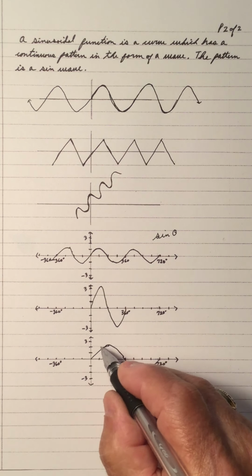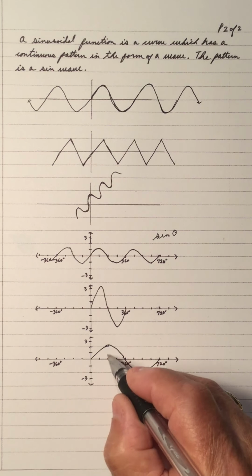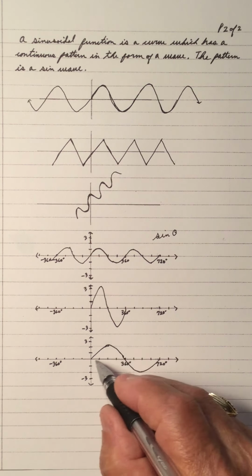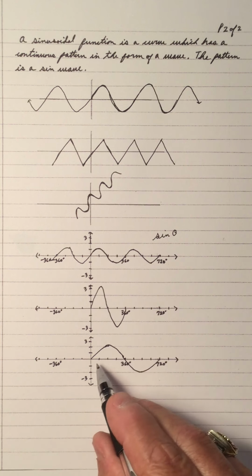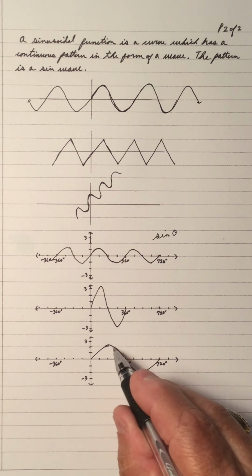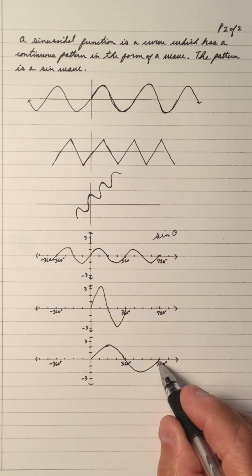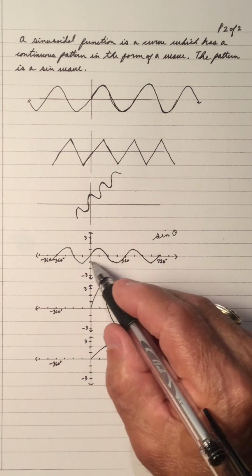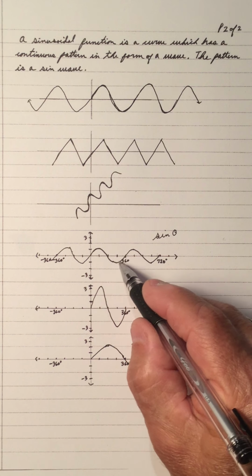Notice this one has a height of 2 from the main axis, what we call the sinusoidal axis of symmetry. But notice that the period of this one for one cycle of the sine wave is 720. The period here is 360, but the height is 3. The period here is 360 for one.